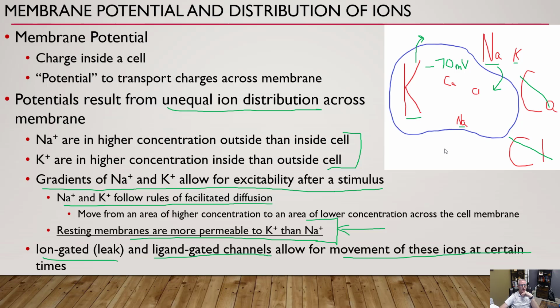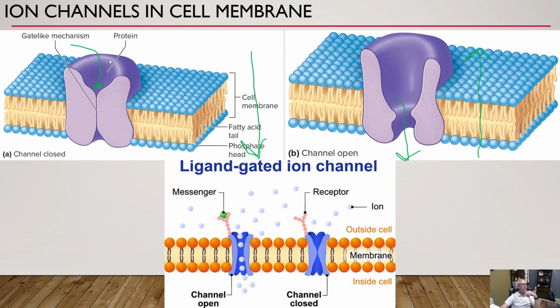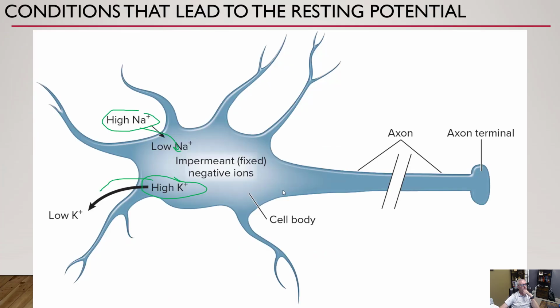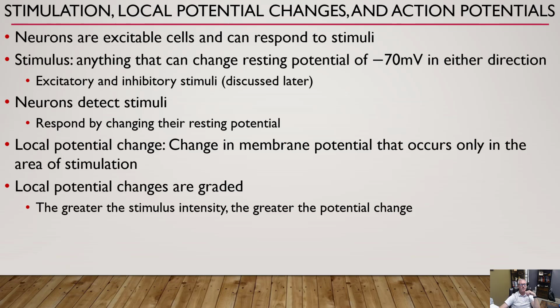Typically, bigger molecules can't go through these ion-gated channels. They're going to have to go through these ligand-gated channels, where they have to have these receptors in order to work.